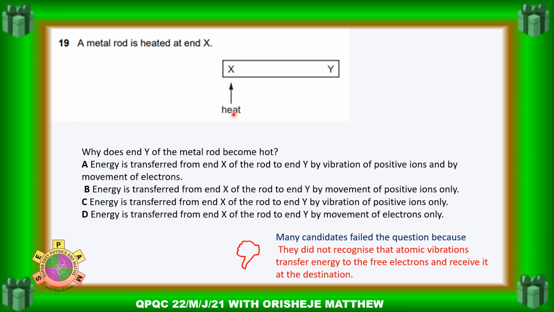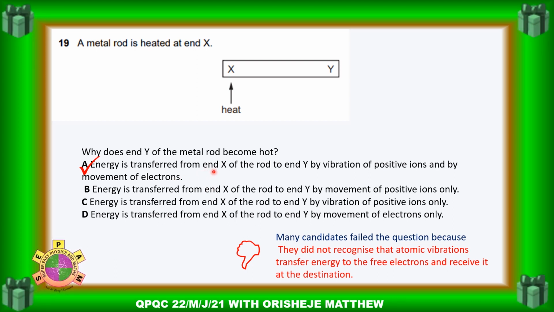The thermal energy supplied makes the atoms at X vibrate more strongly, and as the vibration increases, they transfer energy, and then the free electrons move across from position X to Y and carry the energy along. So A is the correct one.